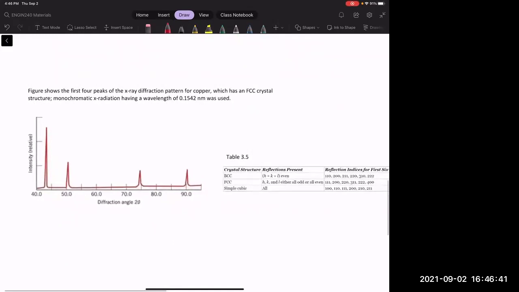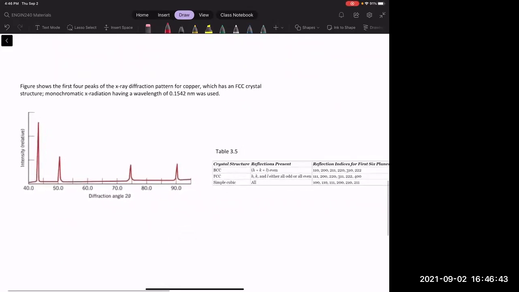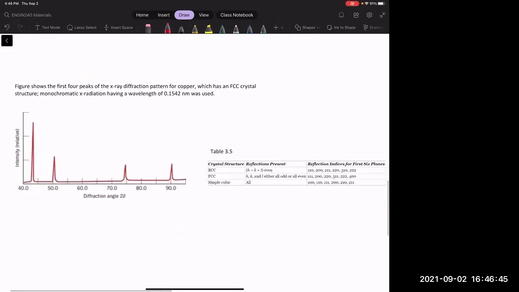This is a little bit more complicated. To calculate this one, it requires different steps as well. So this one is called X-ray diffraction. The X-ray diffraction has a pattern, and basically the instrument that you use is going to shine the X-ray on the sample at different angles.